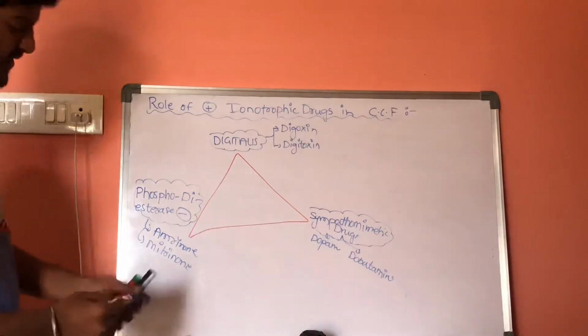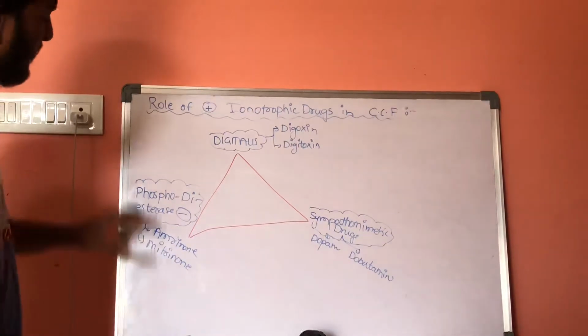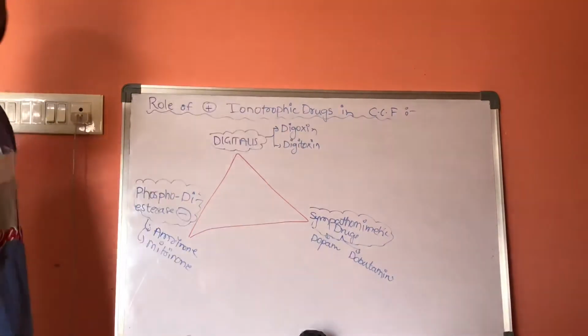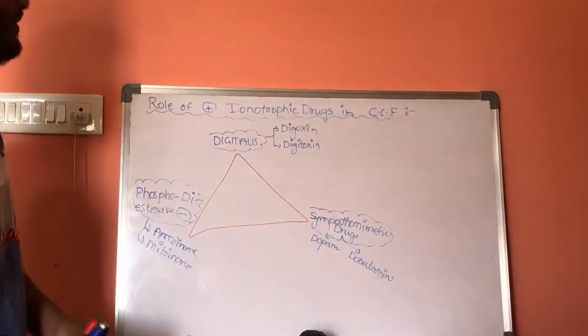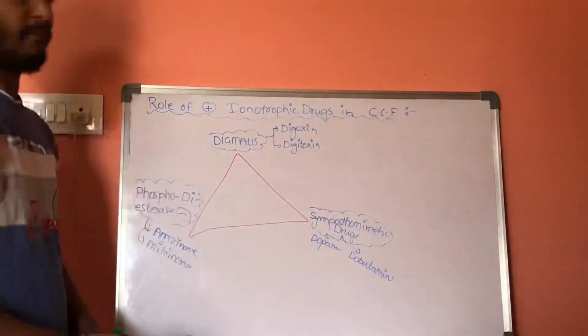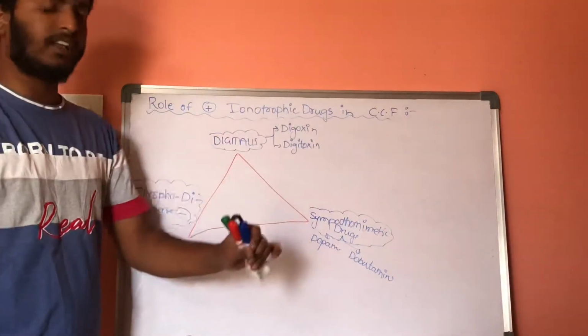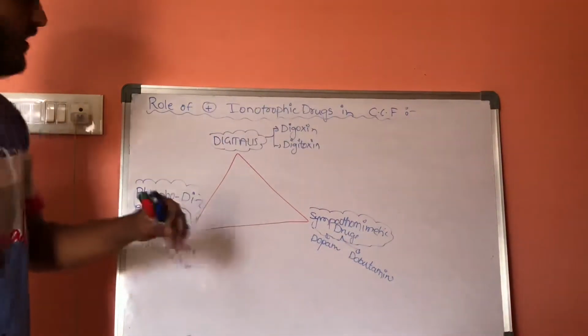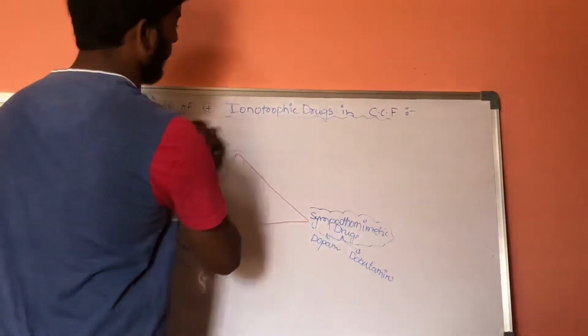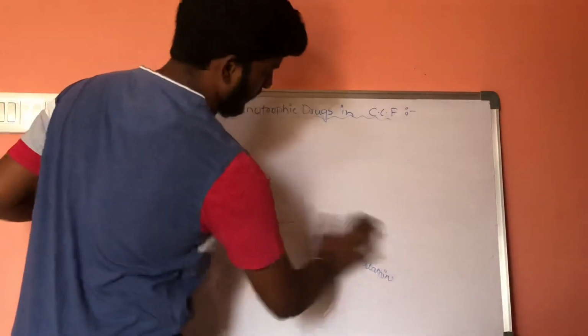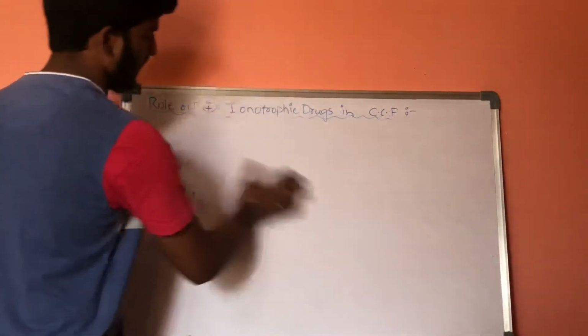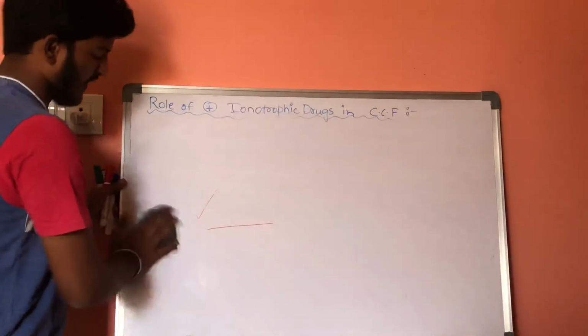These are the three special classes of drugs which are used as positive inotropic drugs. Now, the main motto of positive inotropic drugs is to increase the contractility of the heart, that is, cardiac output should get increased.